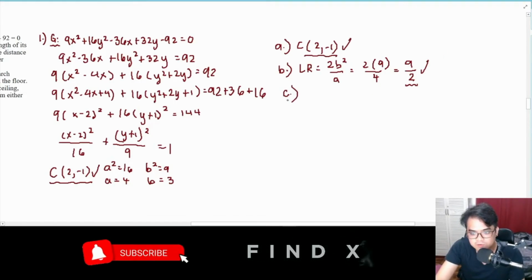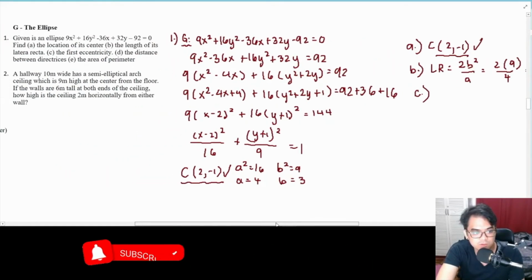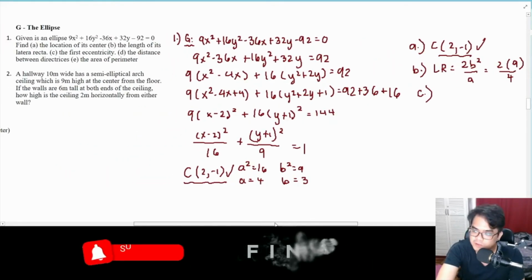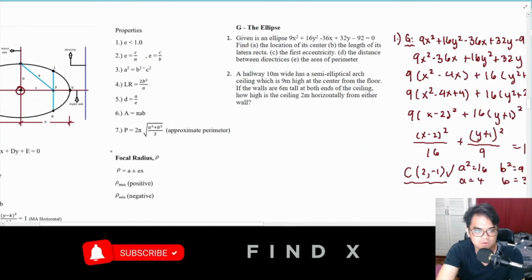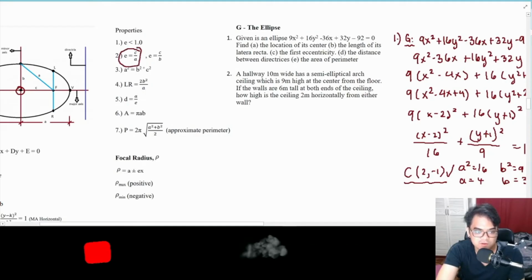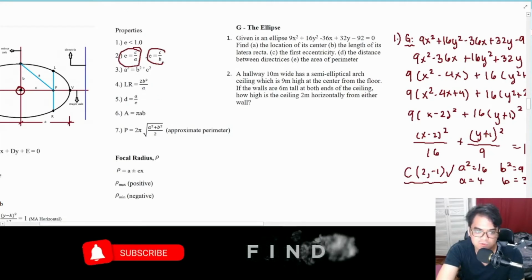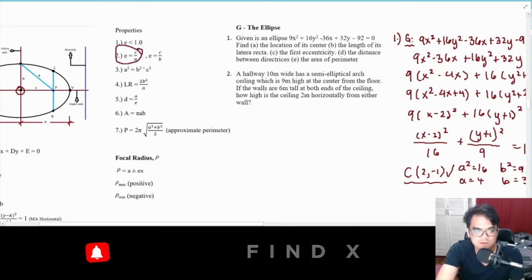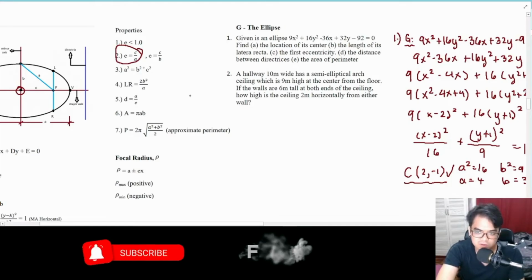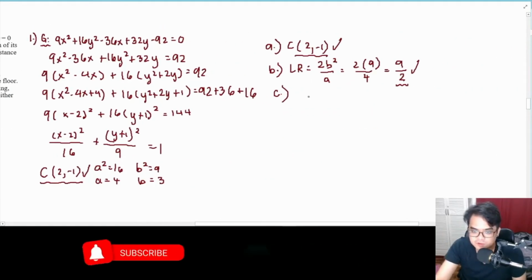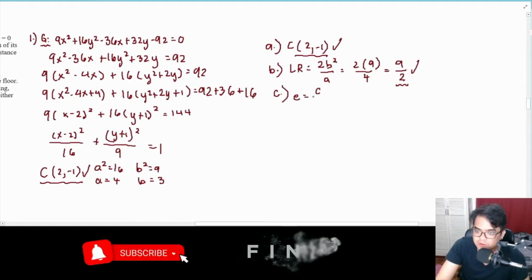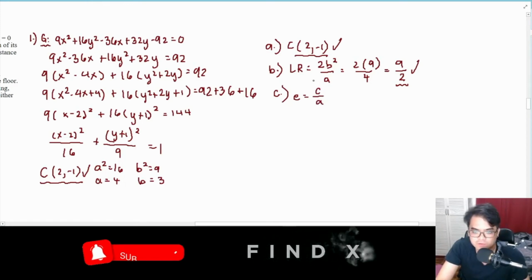And then letter C, we're asked to find the first eccentricity. The formula for the eccentricity is e is equal to c over a. That is the first eccentricity. If you are asked to find the second, this will be your formula. If you are asked to find just the eccentricity, just consider that the one that is asked is the first eccentricity. Okay? And also remember that a squared is equal to b squared plus c squared. So for eccentricity, e is equal to c over a, but we have to find first the value for c.